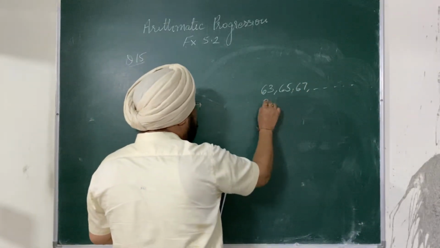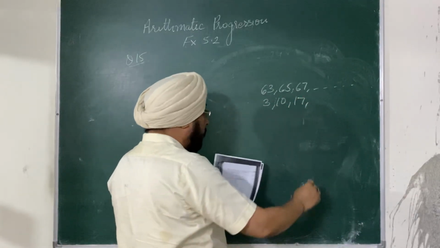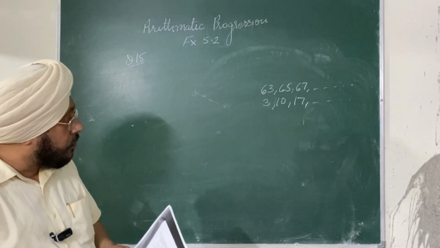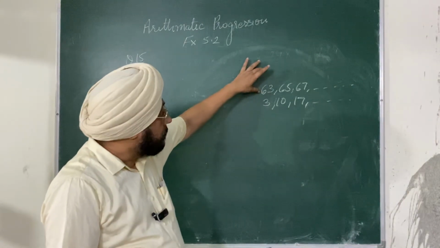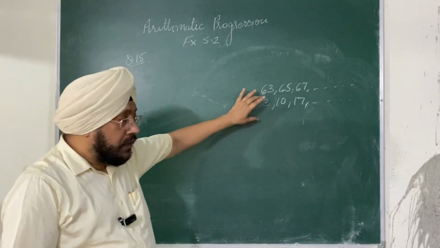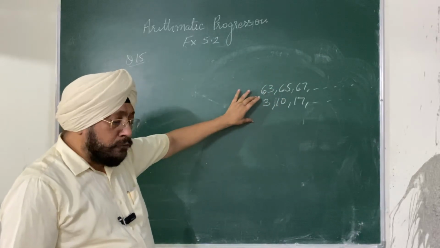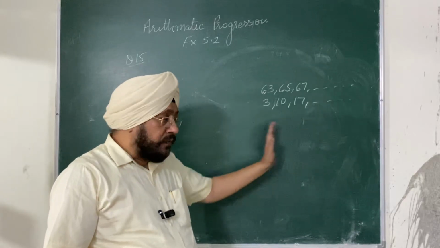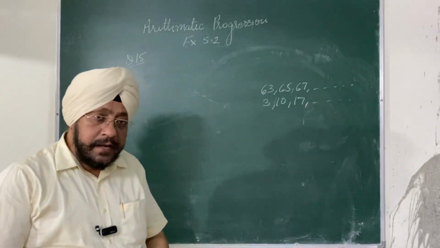And the second AP is given as 3, 10, 17 and so on. Now the condition is for what value of n the nth term of the first AP must be equal to the nth term of the second AP. It means we have to find the nth term of the first AP, then the nth term of the second AP, and then equate them. When we equate them, we will get the value of n. This is what question number 15 is.